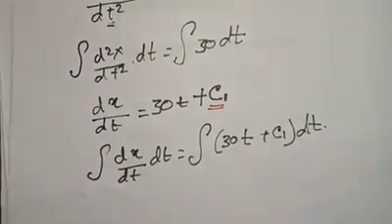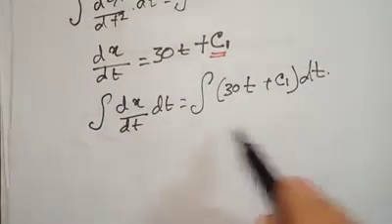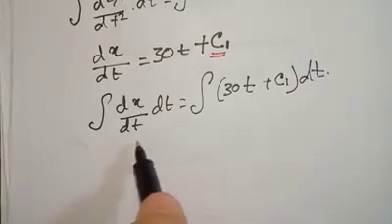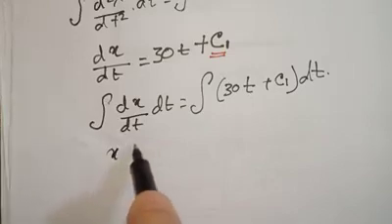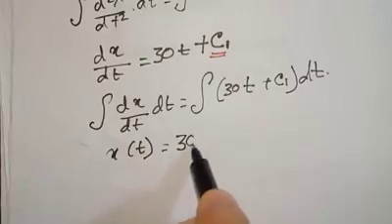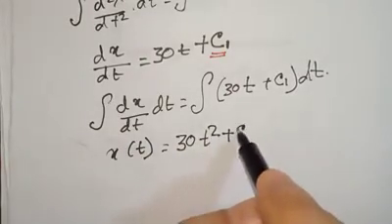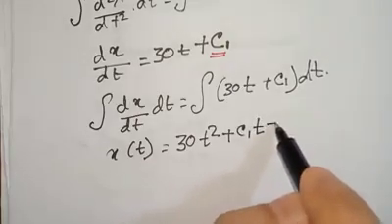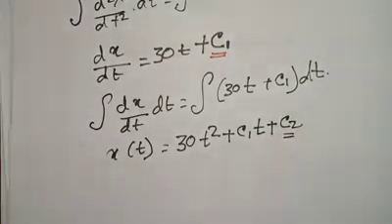Now solving for x, we get x, which is a function of time, equals 30 t squared plus c1t plus c2. Because of this we have to put a constant, and that is the reason I told you that we should put it up as c1 and c2.